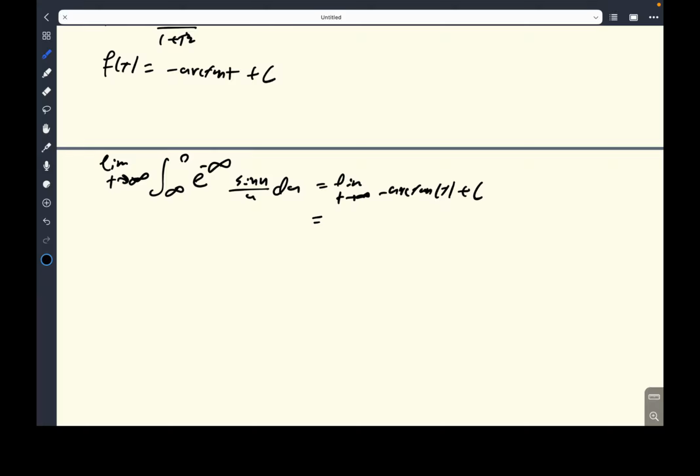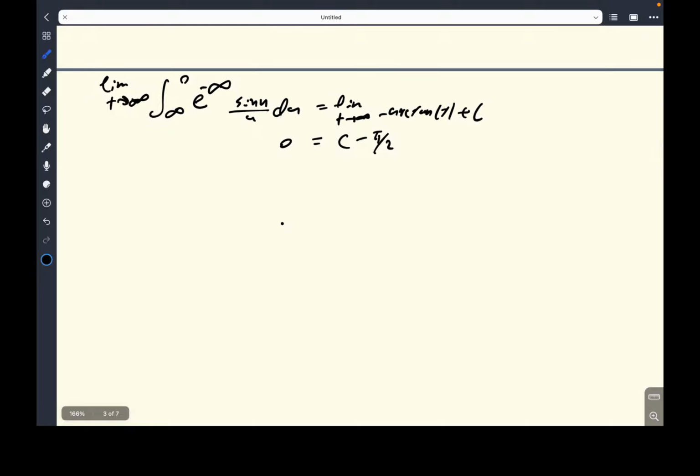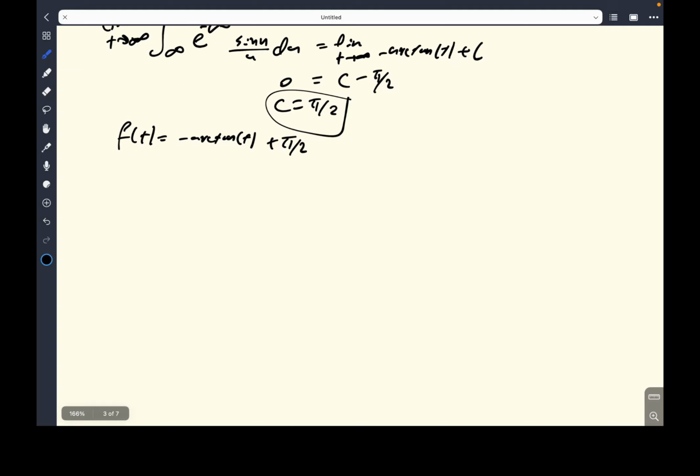It's going to be c minus pi over 2 equals 0. Now c equals pi over 2, so f of t equals negative arc tan of t plus pi over 2.